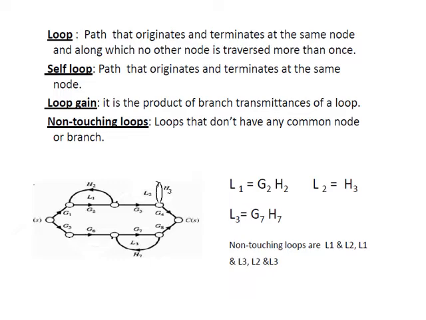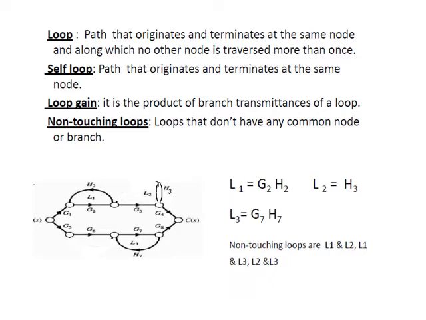Loop 2 is also called a self loop, which originates and terminates at the same node without traversing any other node. It starts and ends here only, with a gain H3. The third loop starts from this point, goes here and comes back again.